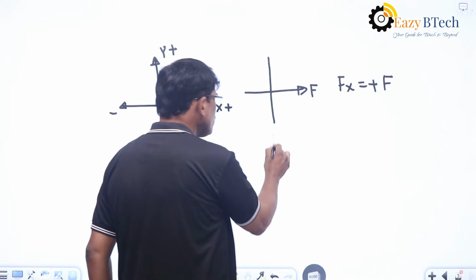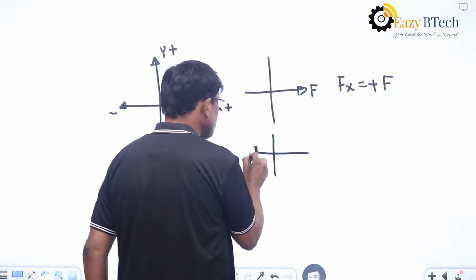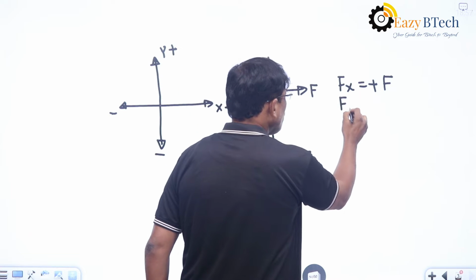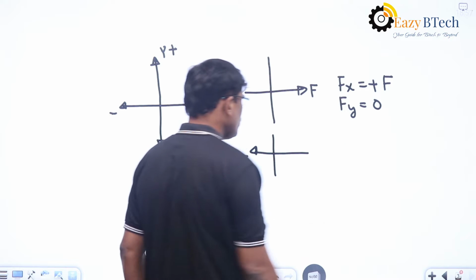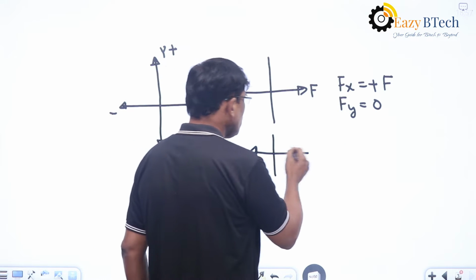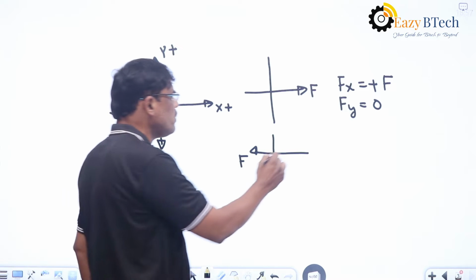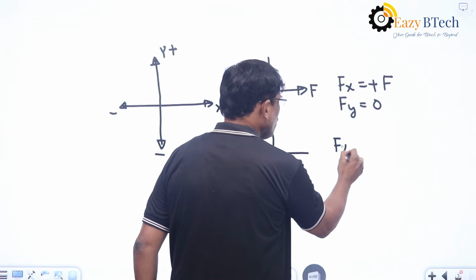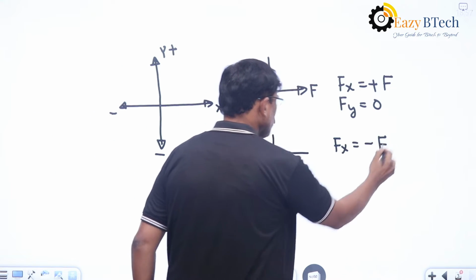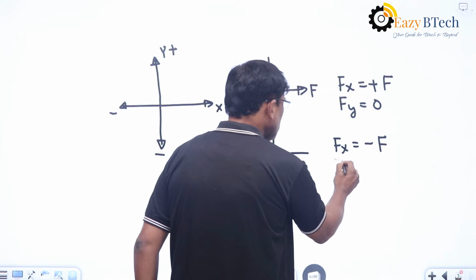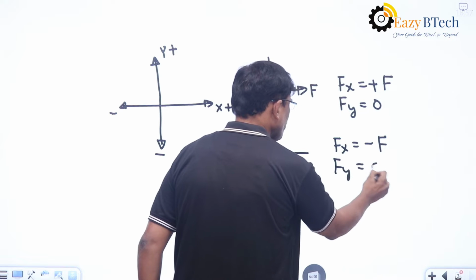The y component will be equal to 0. Similarly, if the force is acting on the x-axis towards left, Fx is equal to minus F, and Fy is equal to 0.